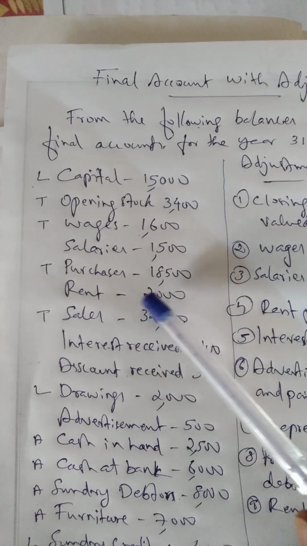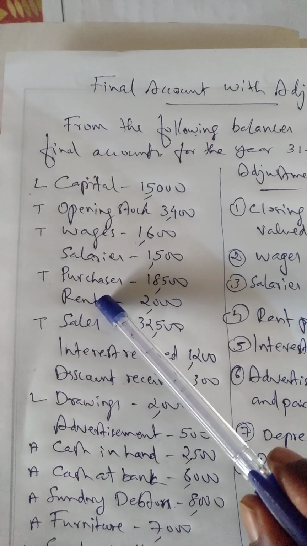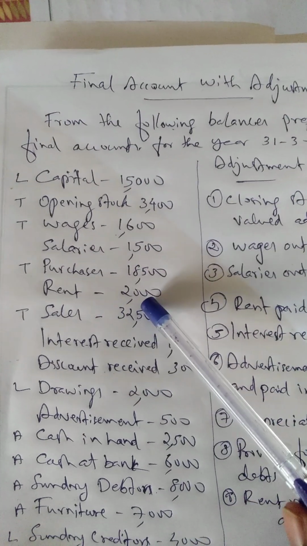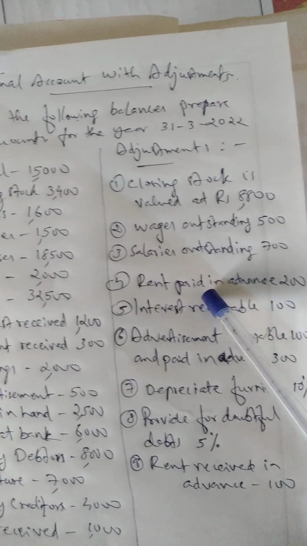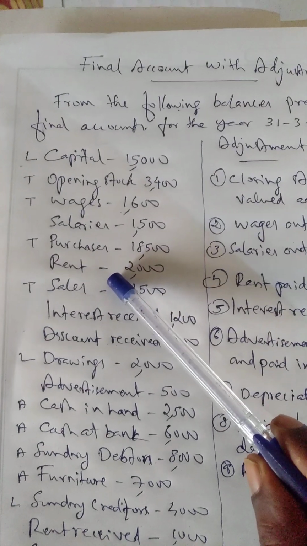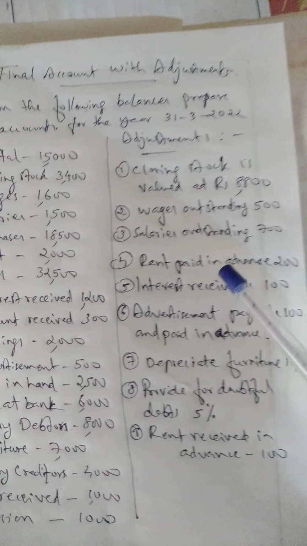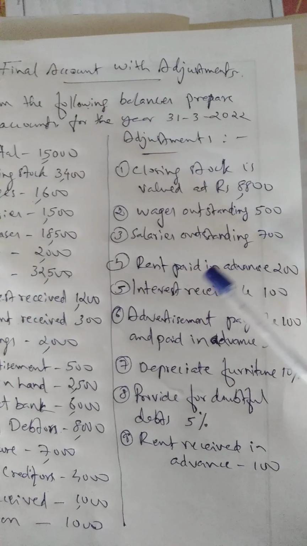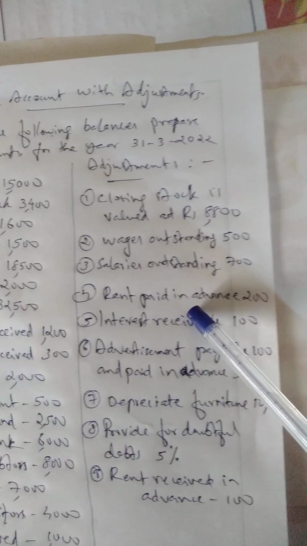This is an unmarked item. That means it is to be shown on the profit and loss account. So while showing this rent in the profit and loss account, you should deduct this rent paid in advance from this.